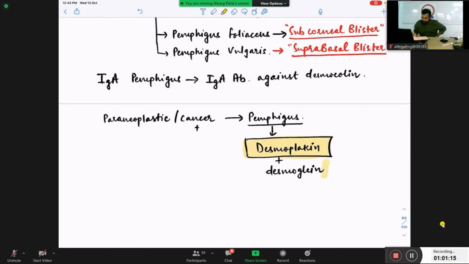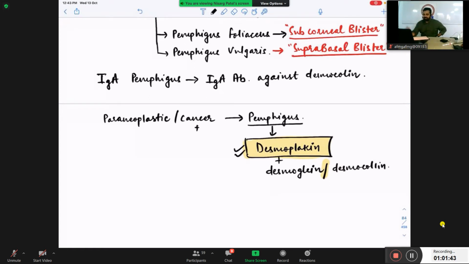You have to remember this: if they ask as a one-liner, because of the cancer, what will you answer? Desmoplakin. In cancer, it is attacking all epidermis, so all three proteins can be involved, but which protein is mainly involved?